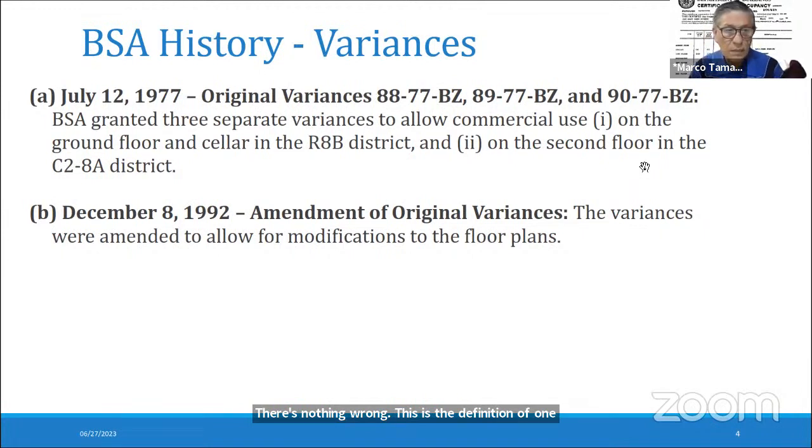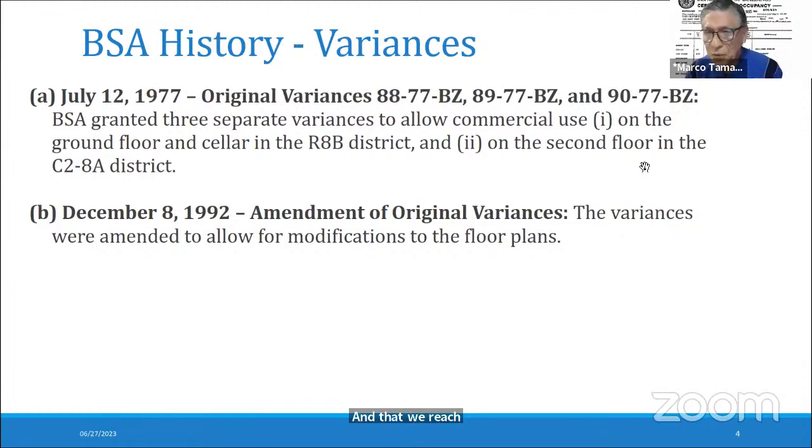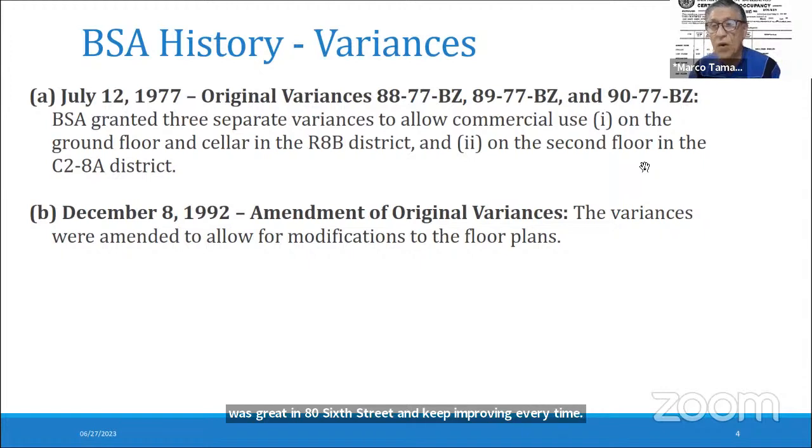Let me start by saying this. I have these 2 or 3 questions. You start with a variance, then you ask for an amendment of the variance, then you ask for a special permit, and then we reach 1994. In 1994, you knew the real estate was great on 86th Street and kept improving every time. So there is nothing to believe that the time was exactly like 1977.